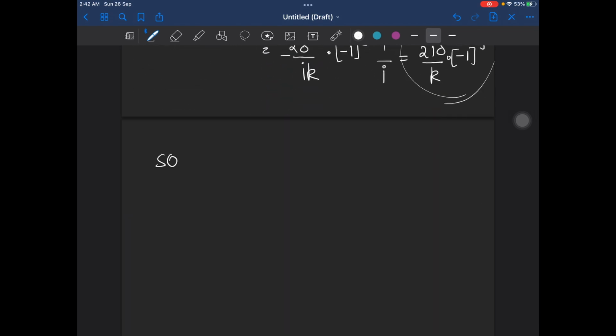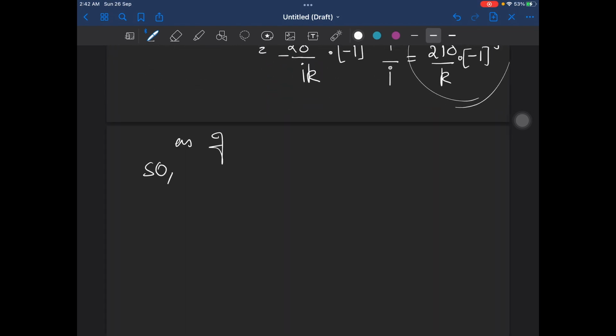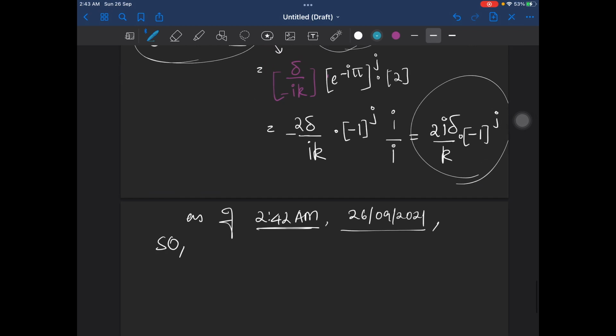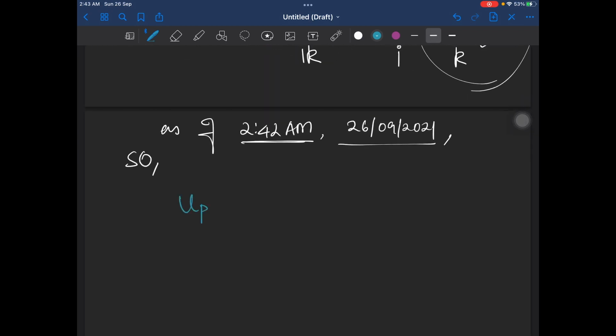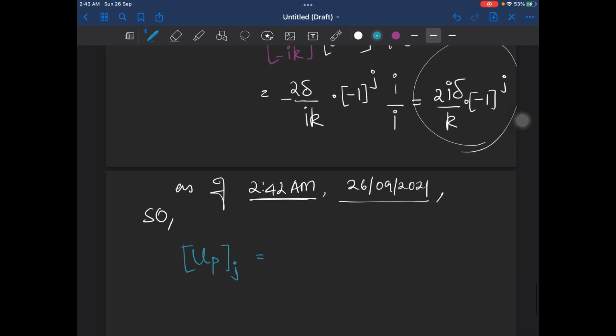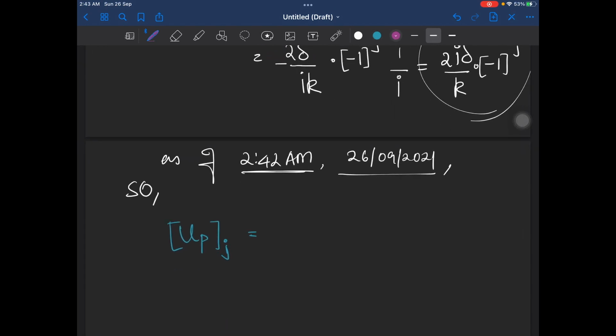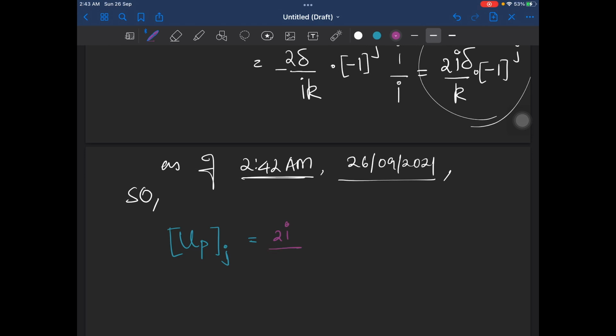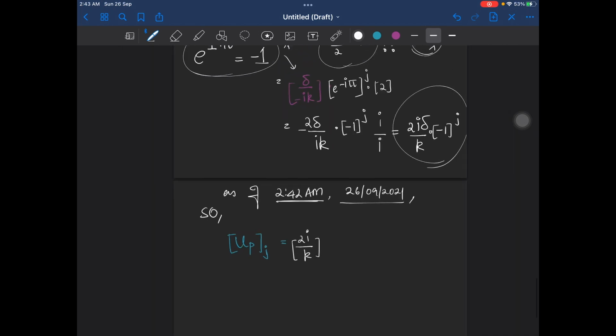So, as of 2:42 AM, which is Sunday, the 26th, 2021, I was able to prove that the field due to the jth zone is equal to i by k delta.